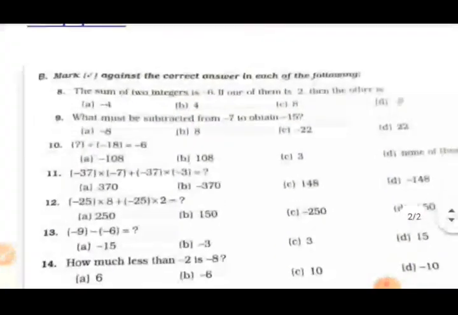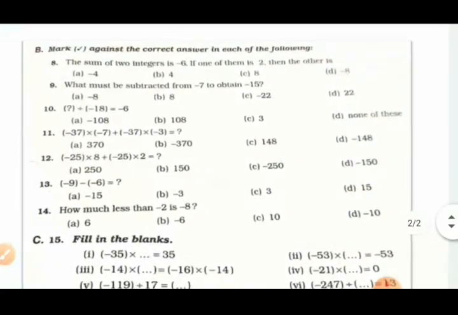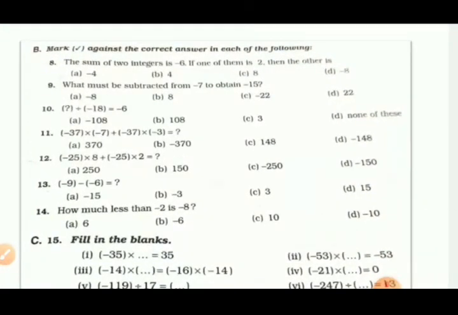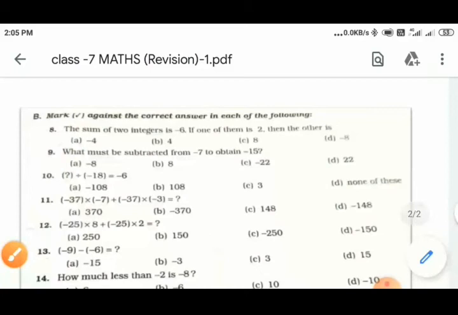Now here are some MCQs. Let's try to solve these MCQs in a short way. So the first one: the sum of two integers is given to us as minus 6 and one of them is 2. Then find the other.